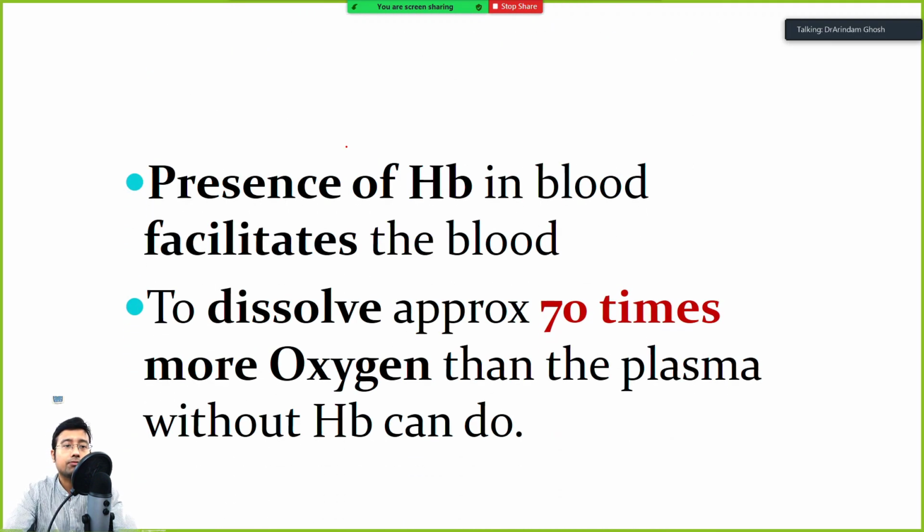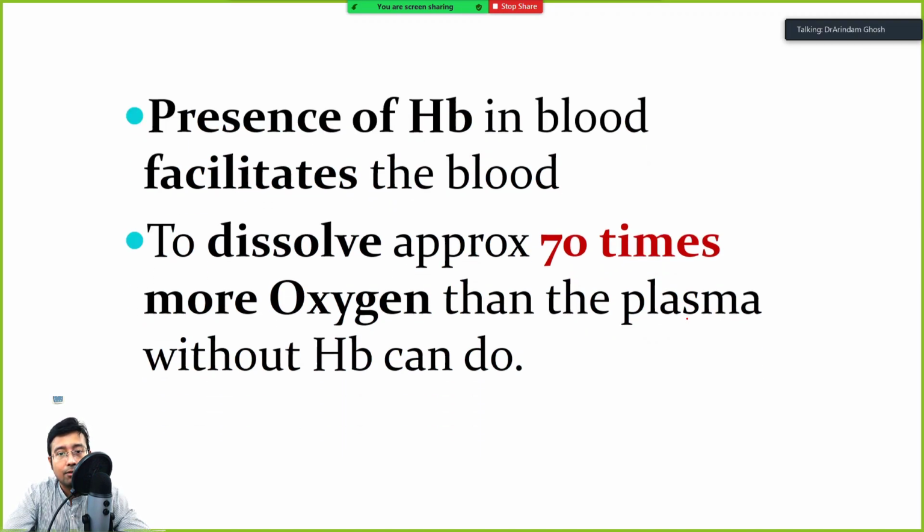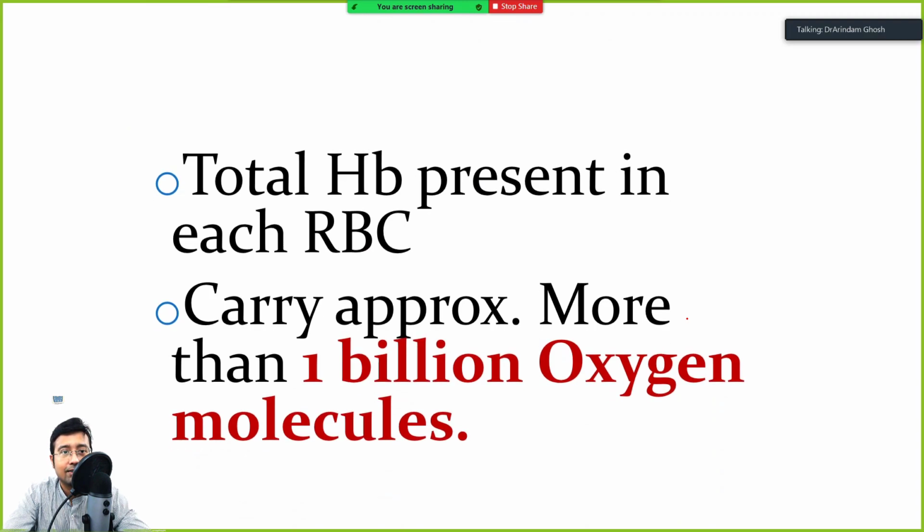Okay, now presence of hemoglobin in blood facilitates the oxygen transport by approx 70 times more than what solubility in plasma would do, right? So that this is the amount of load that is decreased for the heart. Okay, heart has to work 70 times less compared to what if hemoglobin was not there, right?